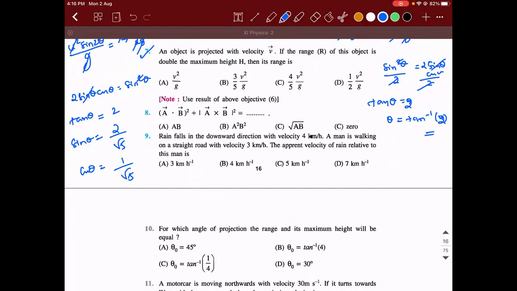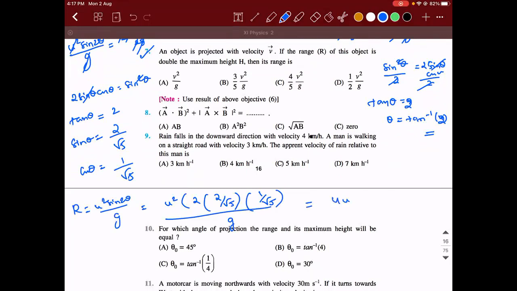Yes, sir. Okay. Now they're asking range. Range is u square sine 2 theta divided by g. So u square into 2 into sine theta, which is 2 by root 5, cos theta is 1 by root 5, the whole divided by g. So it is 4u square divided by 5g. Is there an option like that? Yeah.